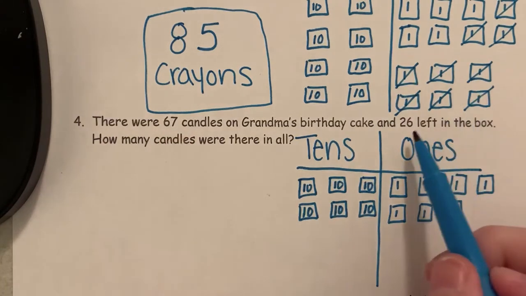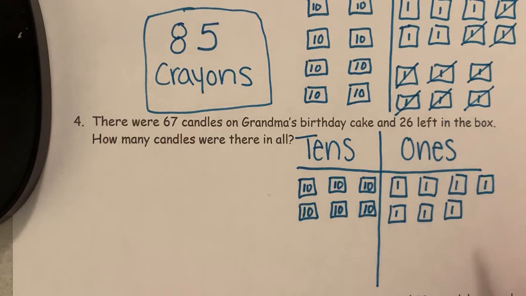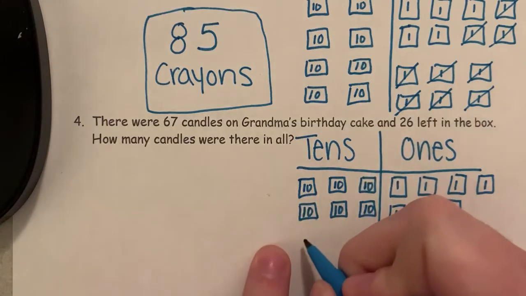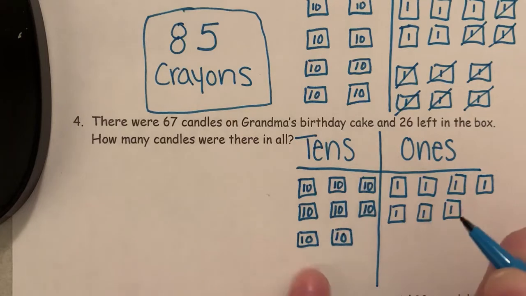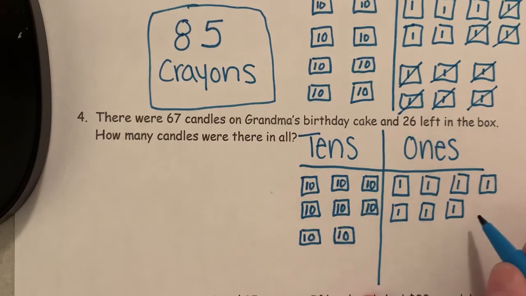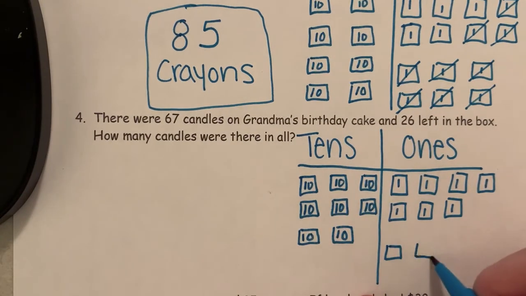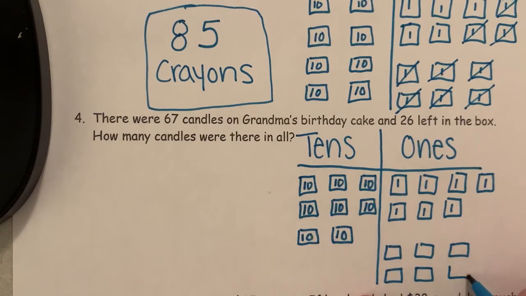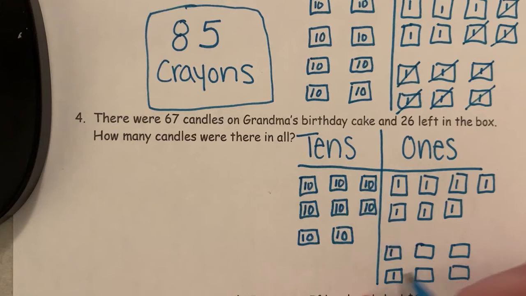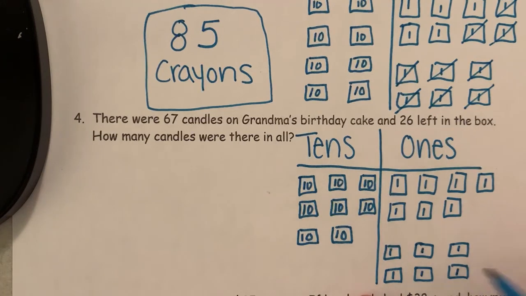And then remember we had the 26 that were left in the box. So we're going to add 2 more boxes to our 10s for our 20. And then we had 6. So we have 1, 2, 3, 4, 5, 6.